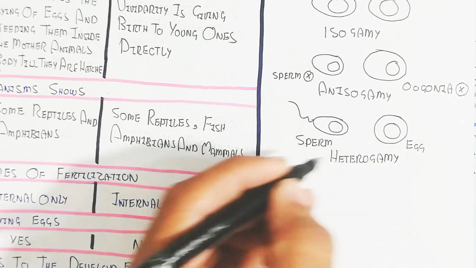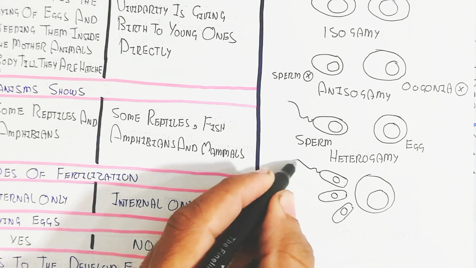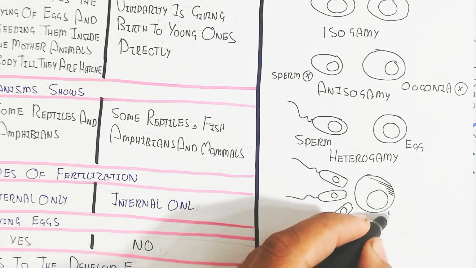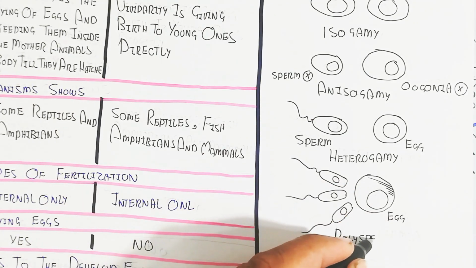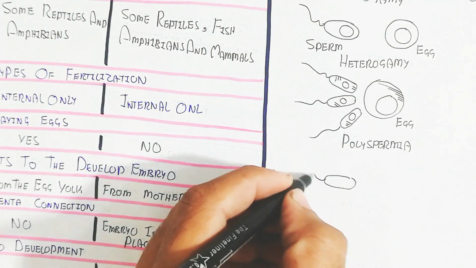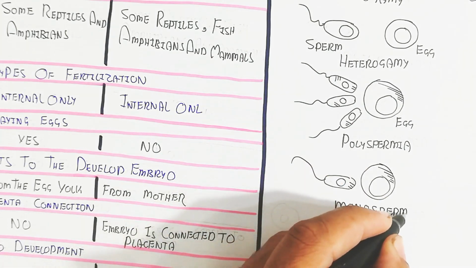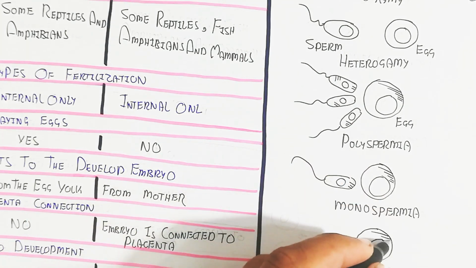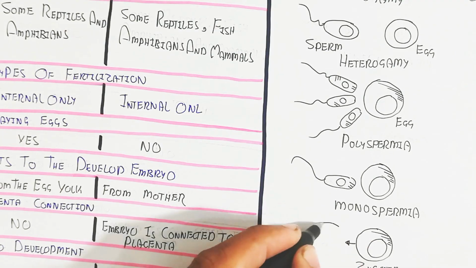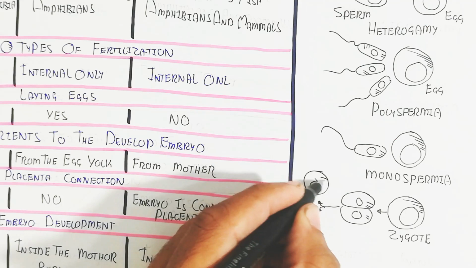Heterogamy means sperm and egg can be clearly identified. Polyspermia means more than one sperm can enter the egg to fertilize, while monospermia means, as in humans, only one sperm is required. Polyspermia produces different types of organisms, not male or female, but another gender.